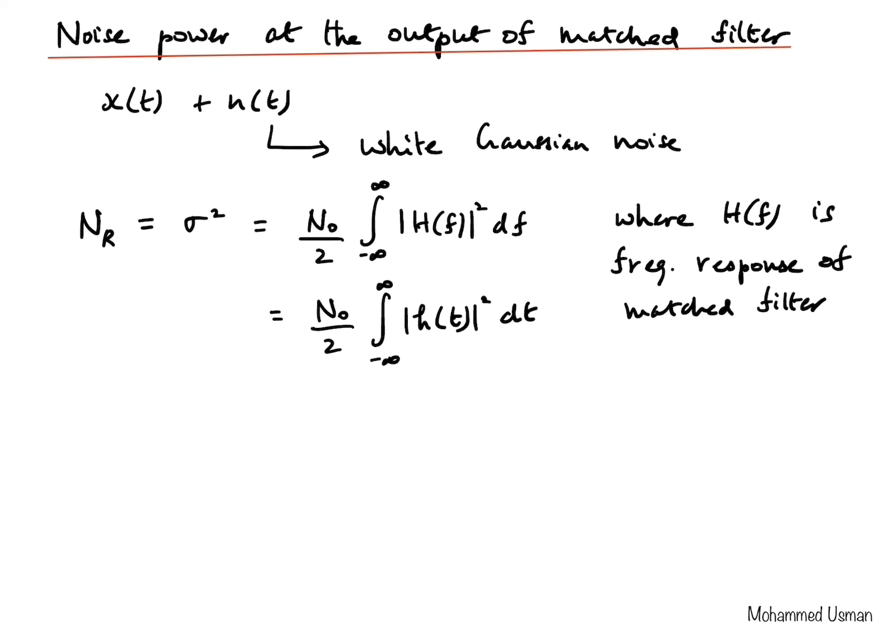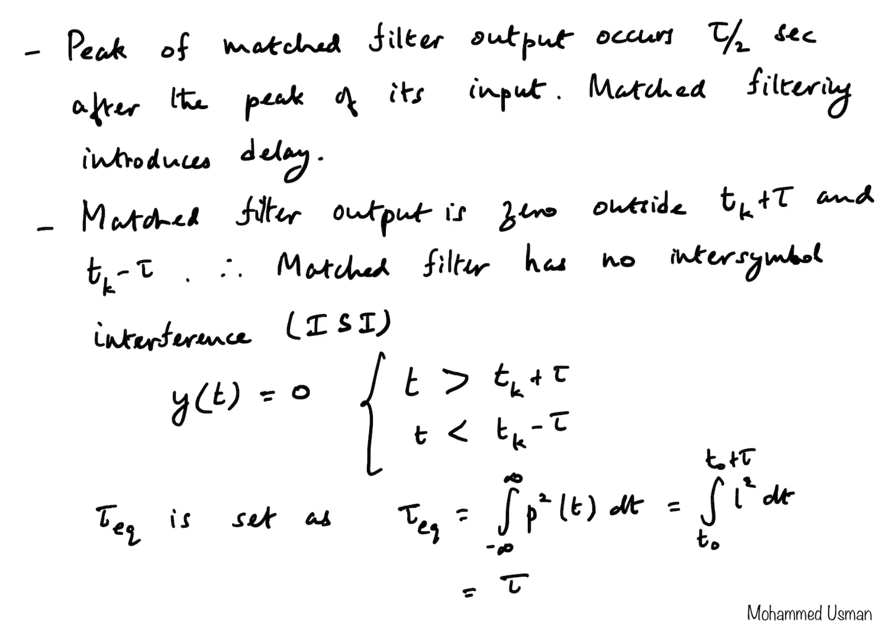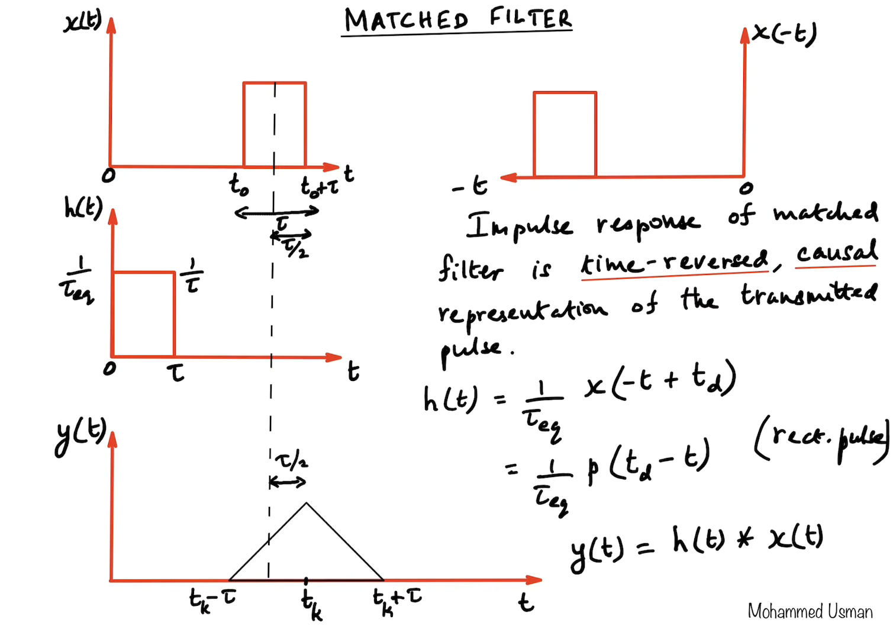Now, because we know h of t, we can substitute the expression for h of t. With the rectangular pulse, it is 1 by tau equivalent times p of t_d minus t, basically a rectangular pulse of width tau.